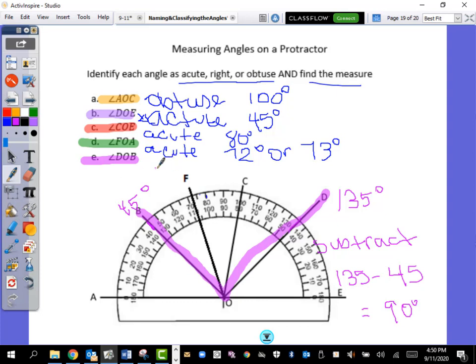And since it is a 90 degree, is it an acute, right, or an obtuse? An acute is less than 90, and the right angle is exactly at 90, and obtuse is more than 90 degrees. So the correct answer is the right angle.